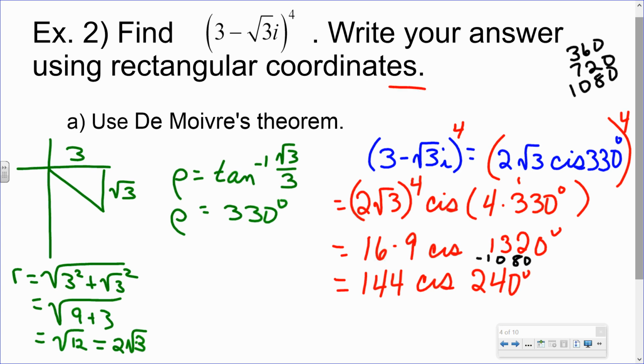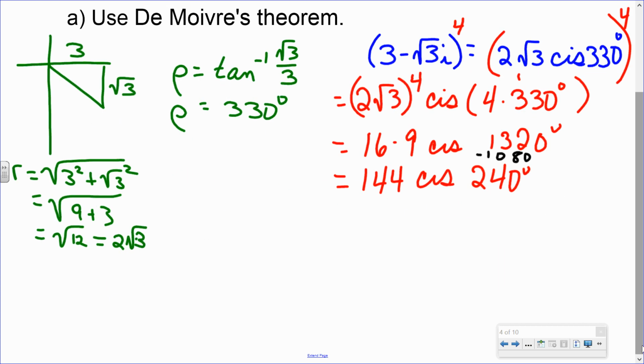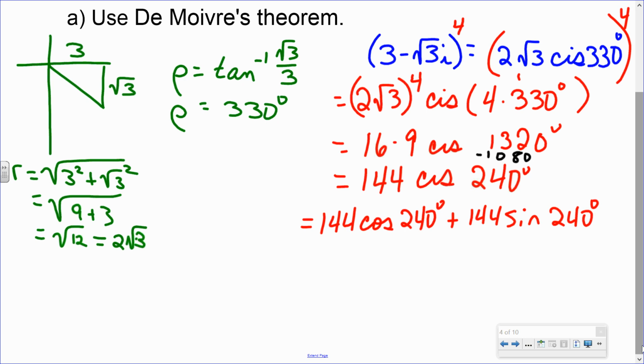And now it wants my final answer in rectangular coordinates. So that means 144 cosine 240 plus 144 sine 240 times i. Cosine 240, what's that going to be?